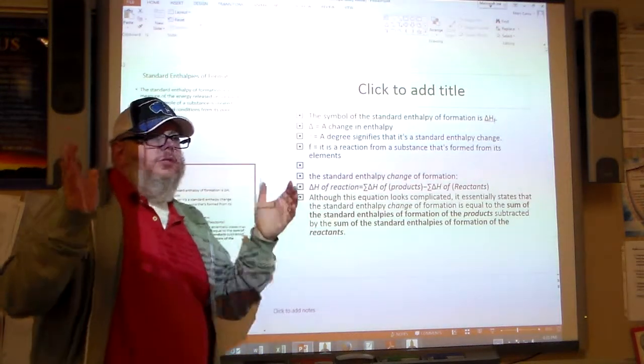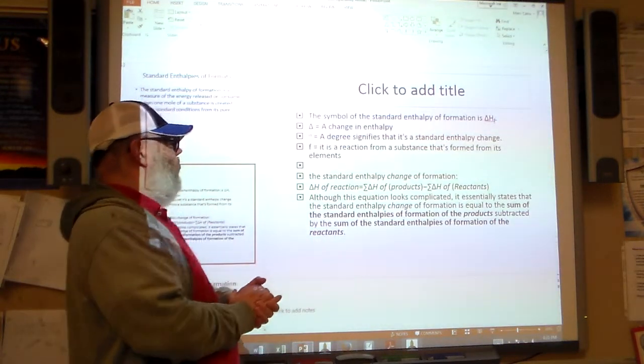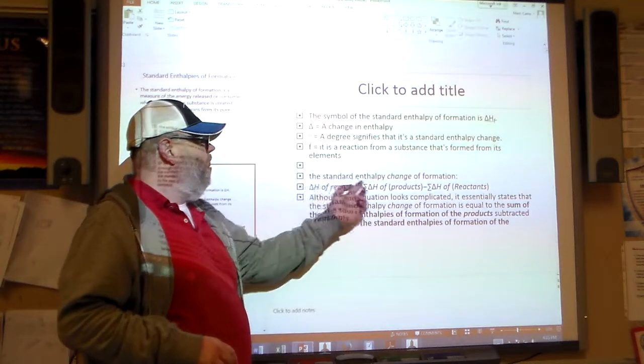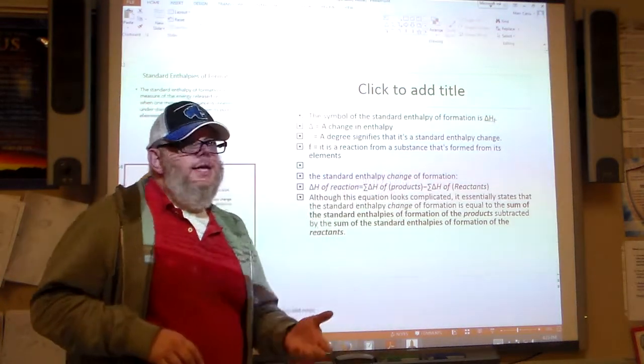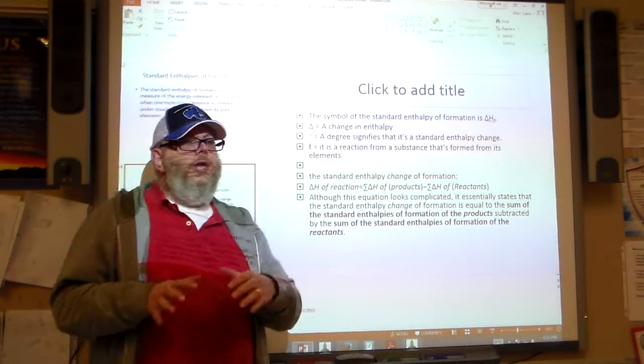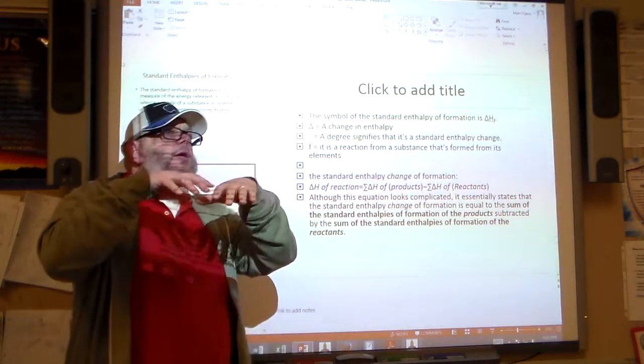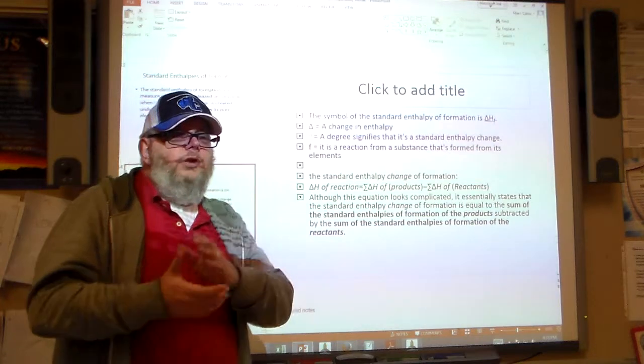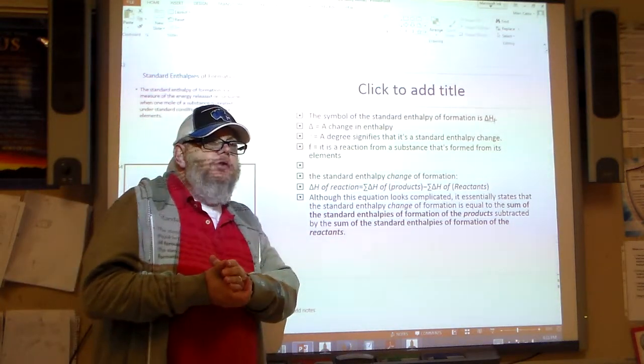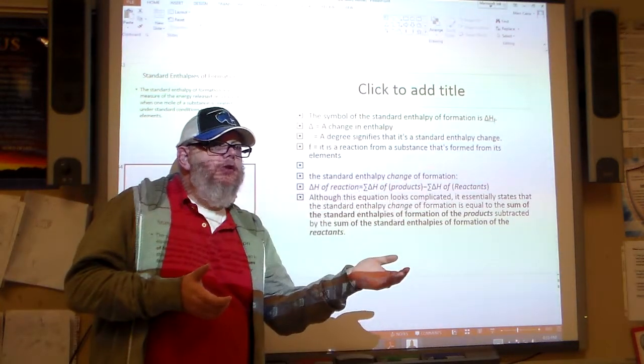So, there's got to be some formula to describe this. Well, if we look at the standard enthalpy change of formation, so we're looking at the total energy, not total energy, because remember, enthalpy is a combination of the internal energy of the system plus the work that it's doing.